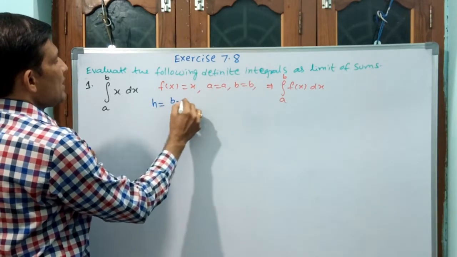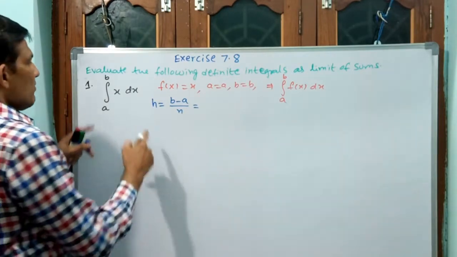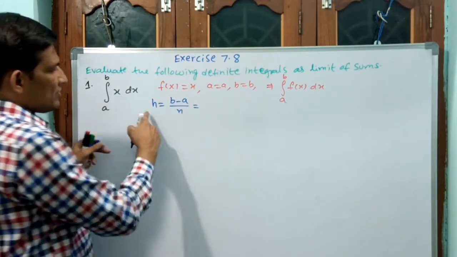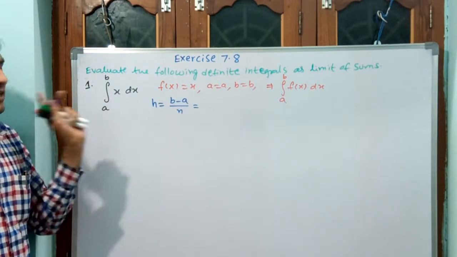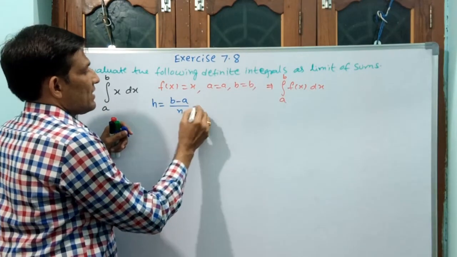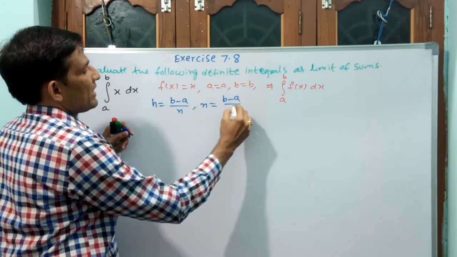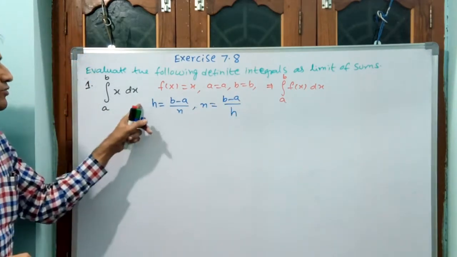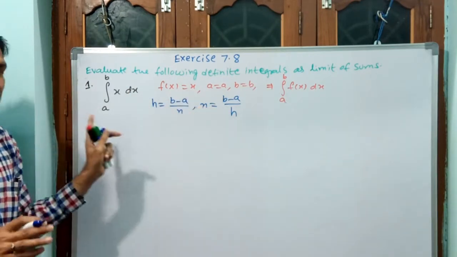H is equal to b minus a by n. Here b is b, a is a, so the same thing is going to happen. And n is equal to b minus a by h. H is equal to b minus a by n. This all data we have written.